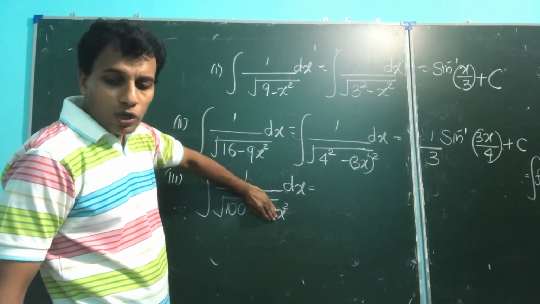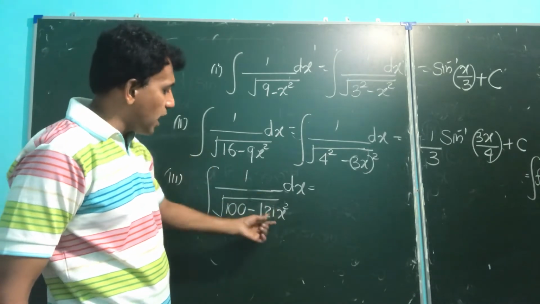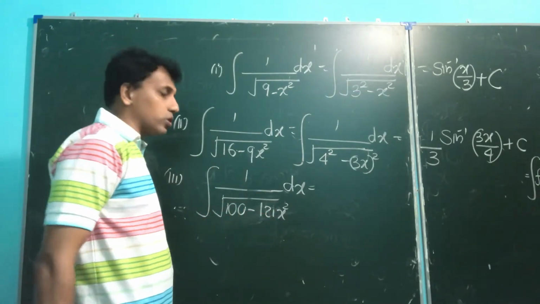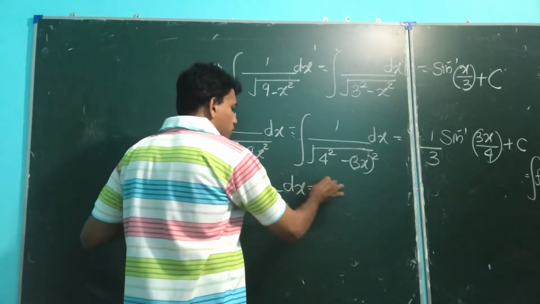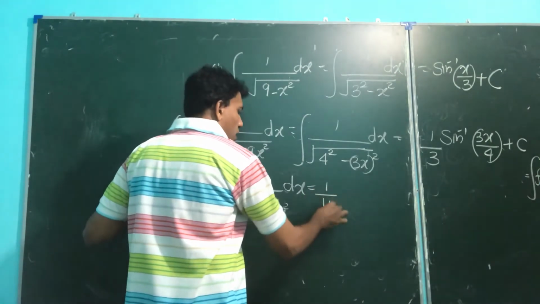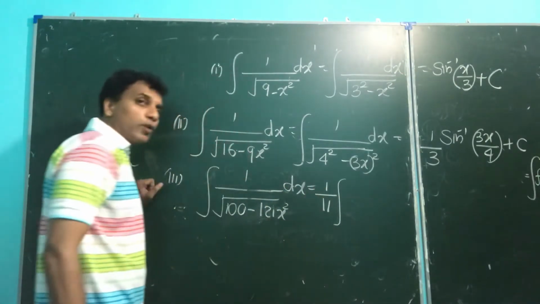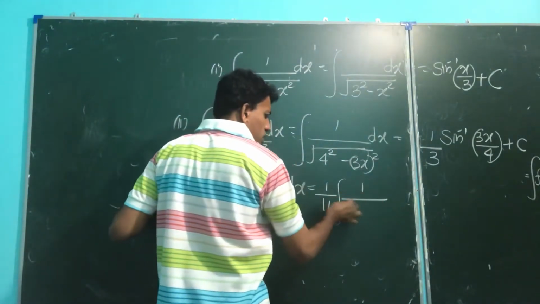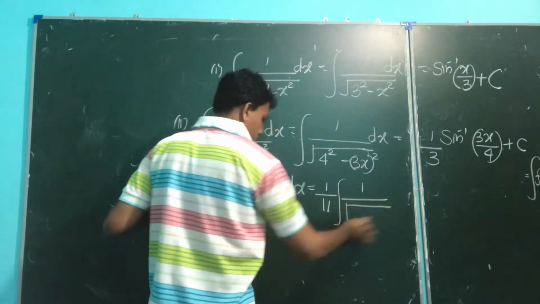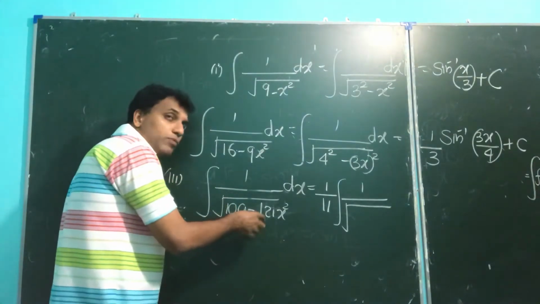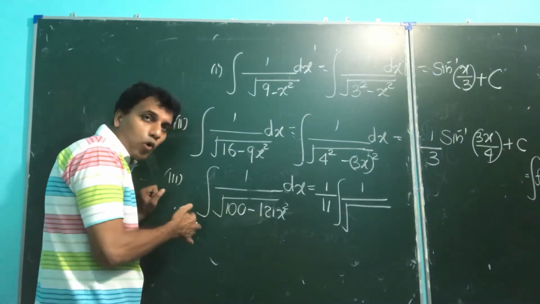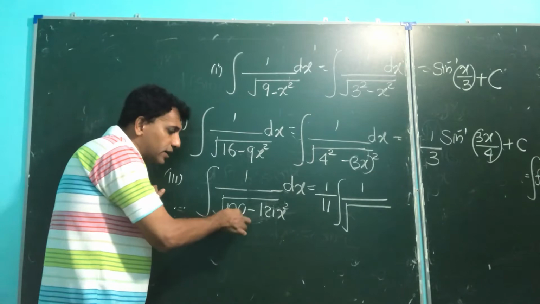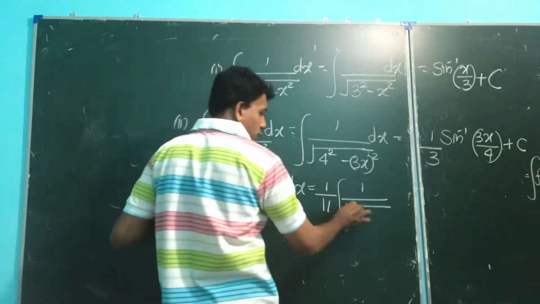With x square only, can I take the 121 out of the root? The square root of 121 I took out, that is 11, right? So 1 over 11.